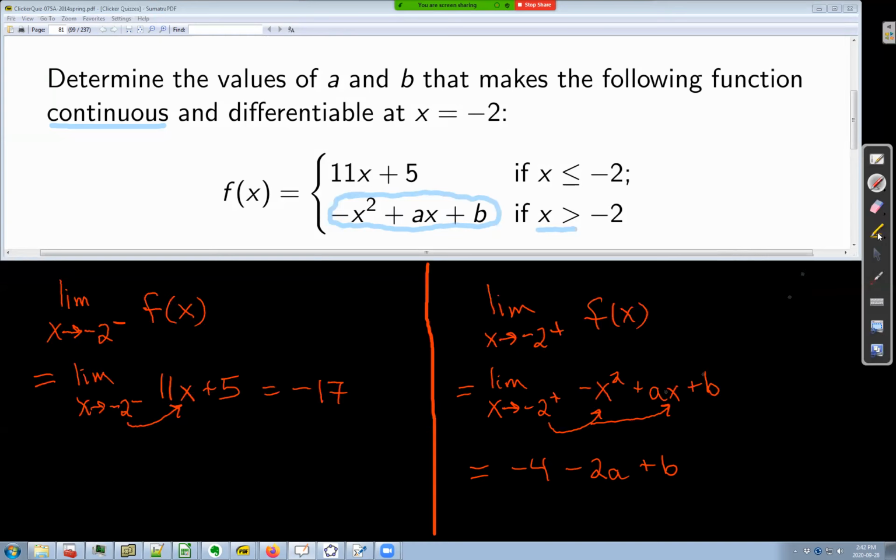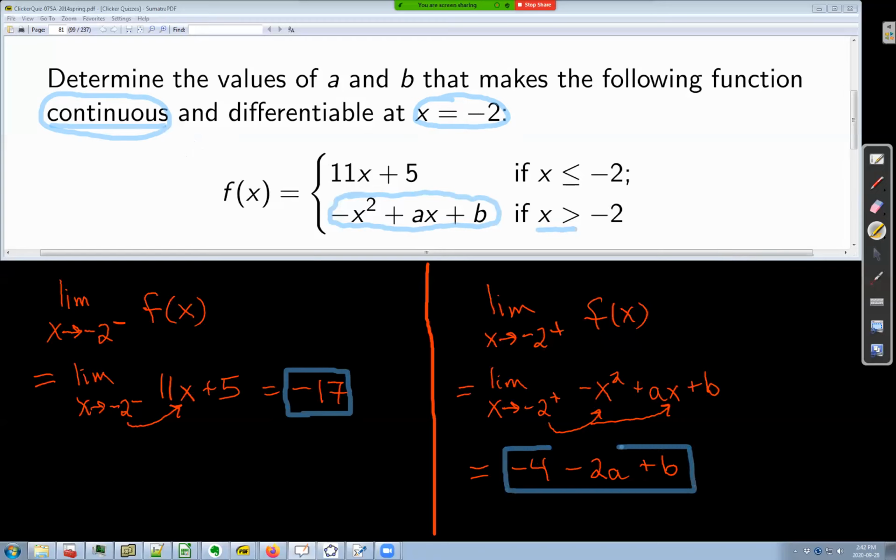So what does this mean? In order for the function to be continuous, we know that the limit at x equals -2 has to exist. And the only way the limit can exist is if the limit from the left and the limit from the right are the same thing.